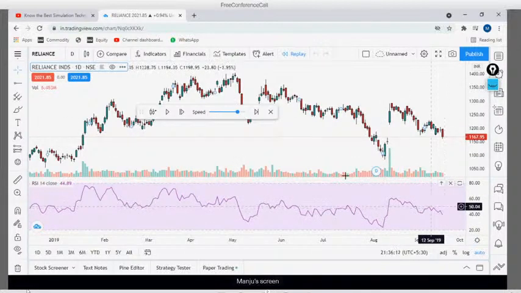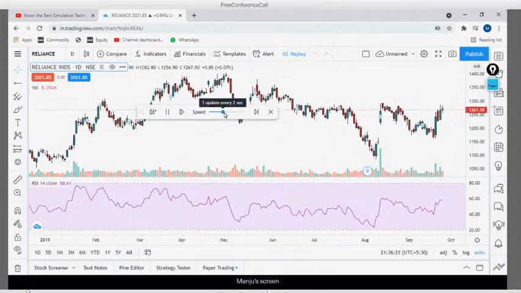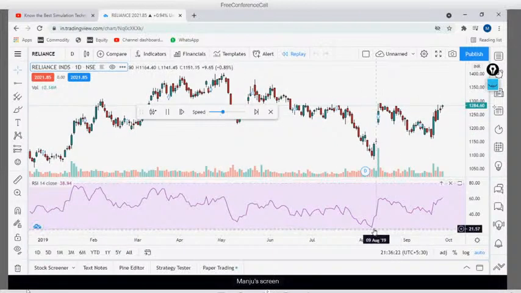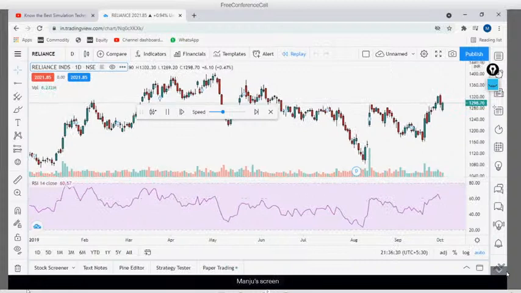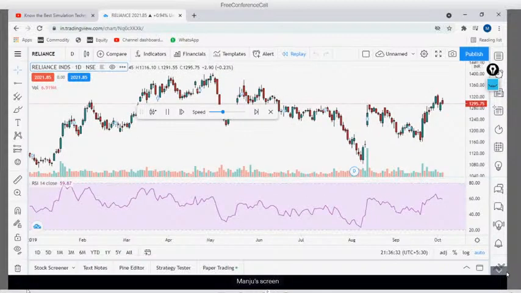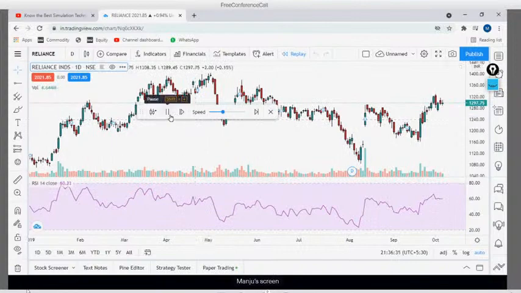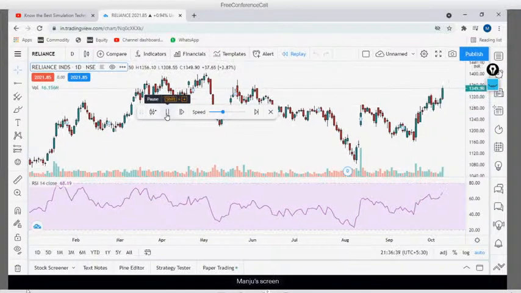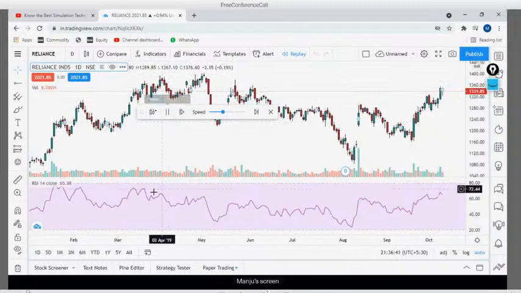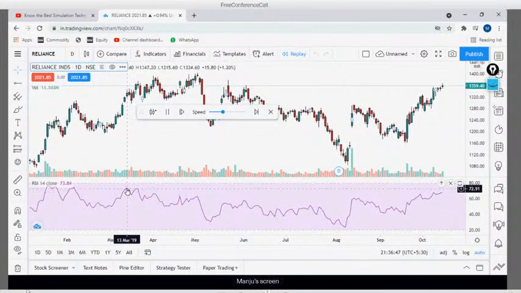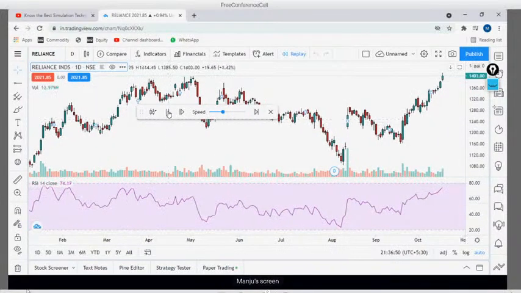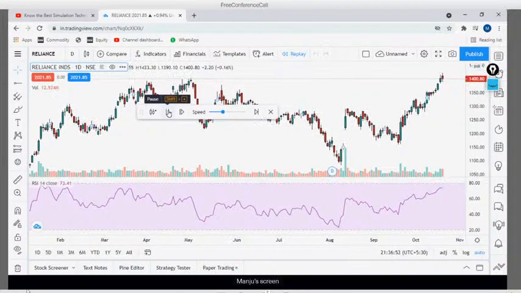We'll see when it came to 20 or 80, whether it came down or went upside. I'll run in slow mode and we'll see only at these 20 and 80 levels, not other levels. I'll pause when it is near those 80 or 20. As per history, whenever it is coming near 80, it is falling, and whenever it is near 20, it is bouncing.